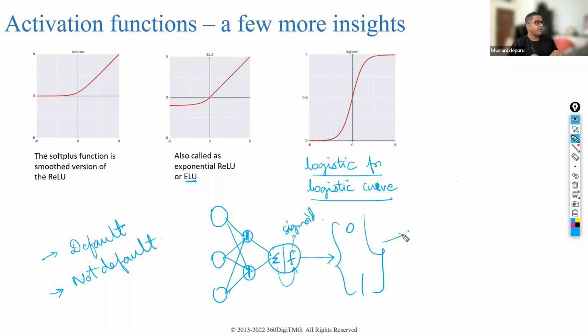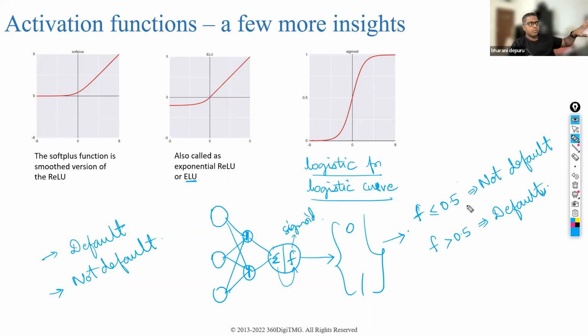And then here you define your rules. You say that if the output, this function value, is less than or equal to 0.5, less than 50% chance, then you will say person will not default. If the value is greater than 0.5, then that means person will default. Less than or equal to 0.5, not default. Greater than 0.5, default.